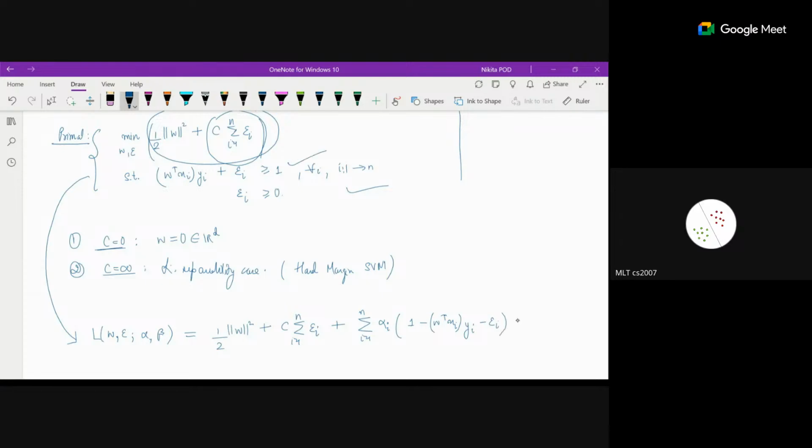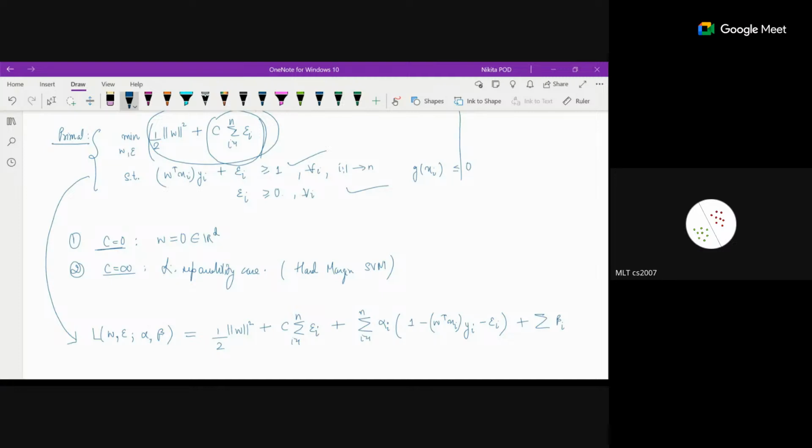Now for the second constraint, again you will have n such constraints: epsilon 1 greater than 0, epsilon 2 greater than 0, and so on till epsilon n greater than 0. So you will have another term here that will be sum over beta i of epsilon i. When you look at the primal formulation, you were converting your g of xi, the constraint, to the less than or equal to zero form.